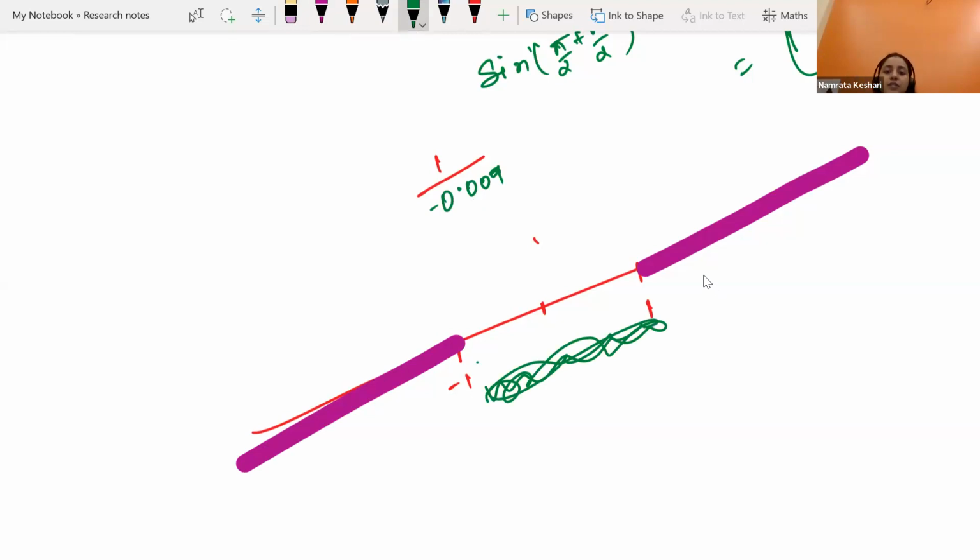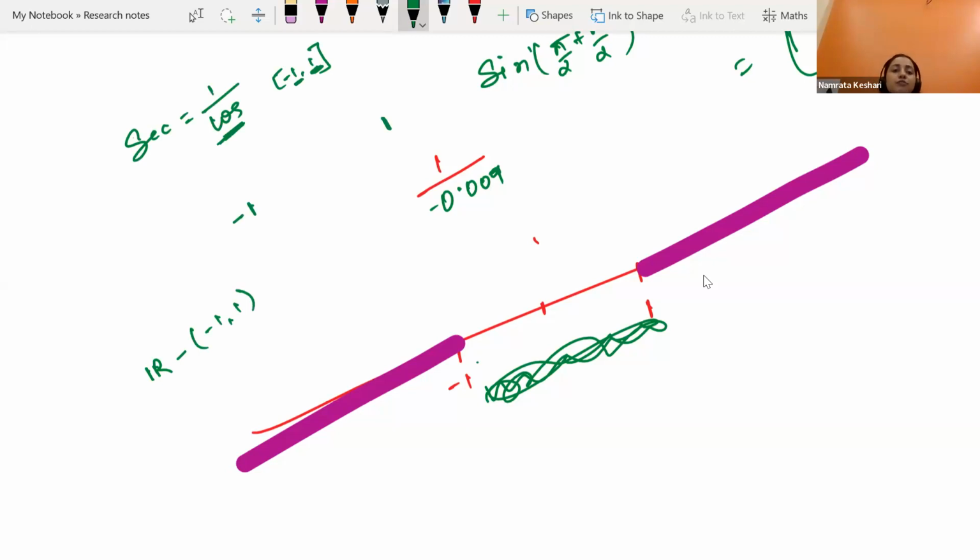That's why we say that the range for sec and cosec function is all real numbers minus the open interval negative 1 to 1. That means negative 1 can come. Sec means 1 by cos. Output for cos lies between minus 1 to 1. If we take minus 1, sec will also generate minus 1. If we take plus 1, sec will also generate plus 1.